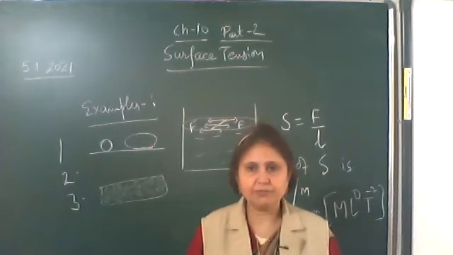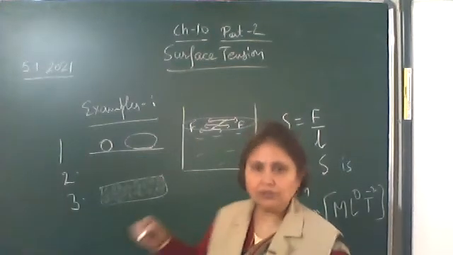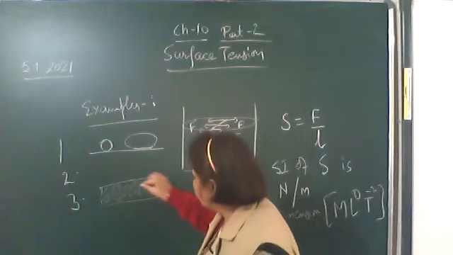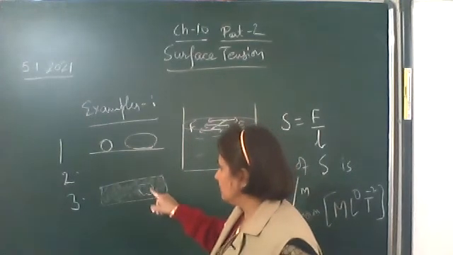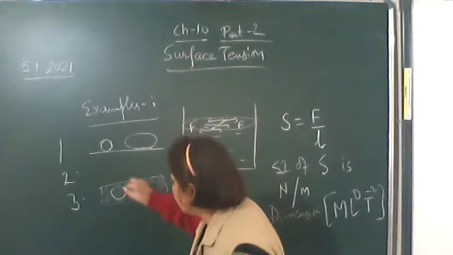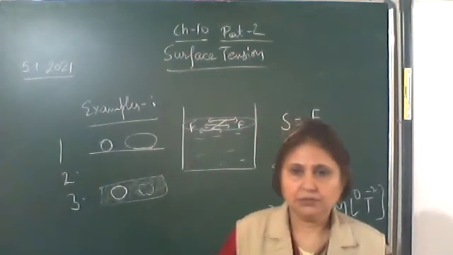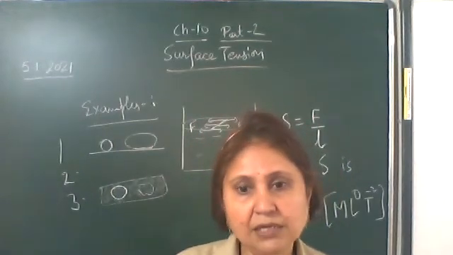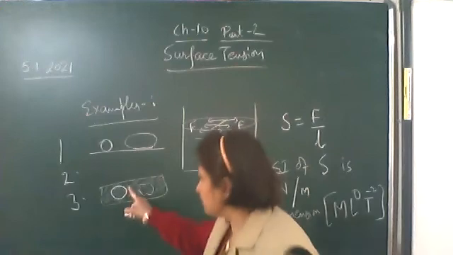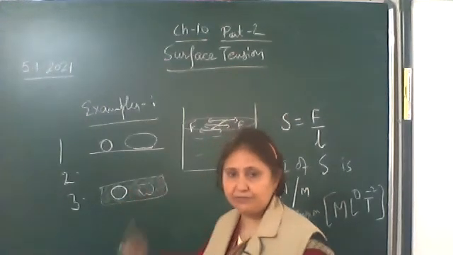Keep a thread gently on it, making any shape. As soon as you keep it, what happens? The thread will become circular in shape. Why? Because the minimum surface area is for a circle and it will try to attain a minimum.